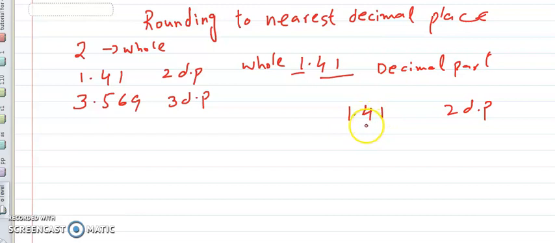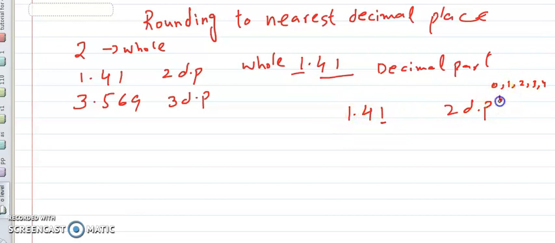So what we will do, when we are rounding to one decimal place, we will look at the second decimal place. For example, here the second decimal place is 1. If the second decimal place is 0, 1, 2, 3 or 4, there will be no change in the remaining part.